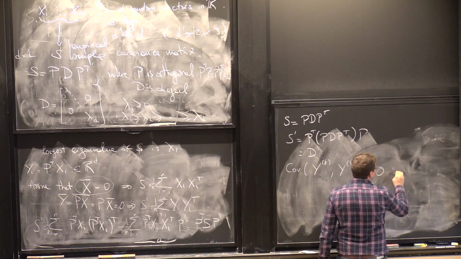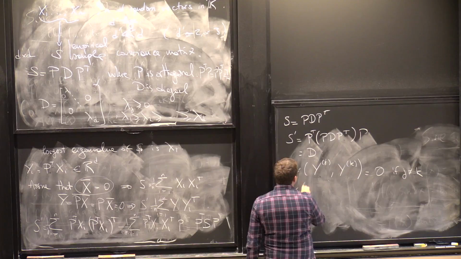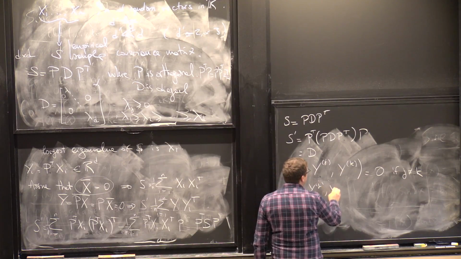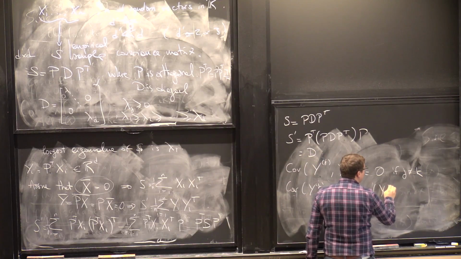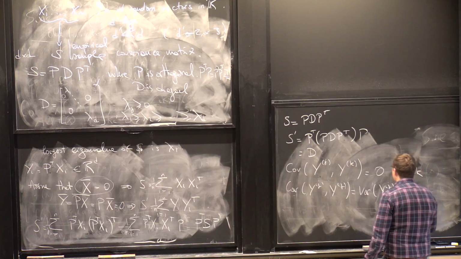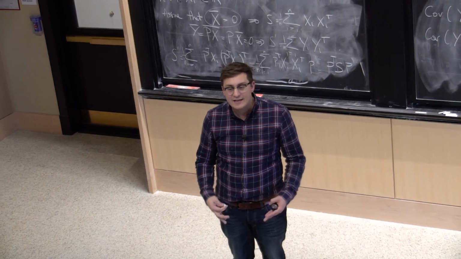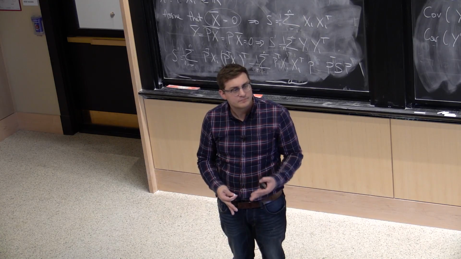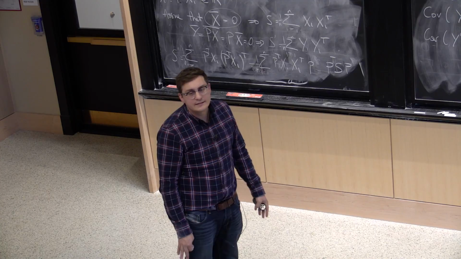It's actually 0 if j is different from k. And the covariance between yj and yj, which is just the variance of yj, is equal to lambda j, the jth largest eigenvalue. So the eigenvalues capture the variance of my observations in this new coordinate system.